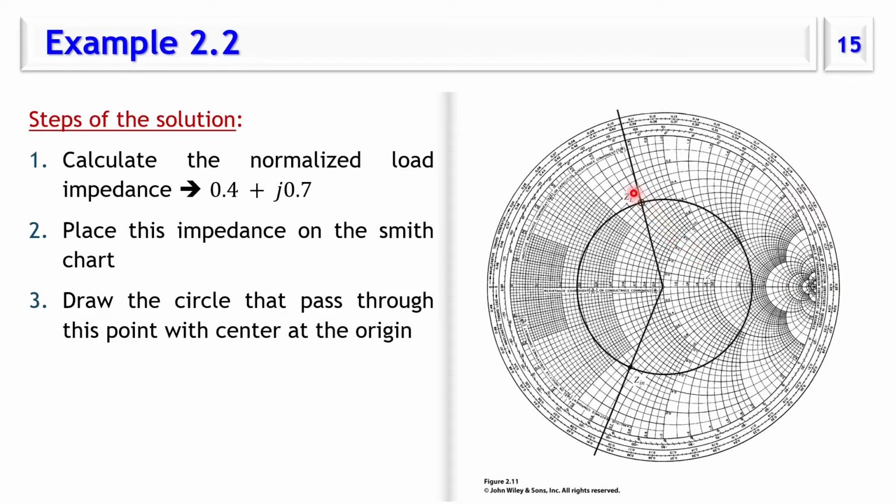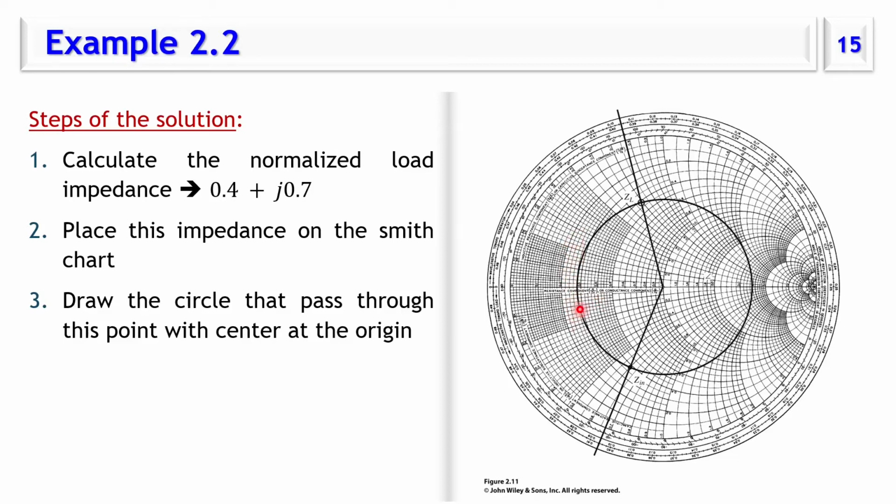The intersection between 0.7, this curve here, and 0.4, this circle here, is this point, and this is the z small l, the normalized load impedance. Then we use our compass to draw a circle of constant radius that is passing through this point. So this is the load impedance, and this is the circle for constant reflection coefficient.